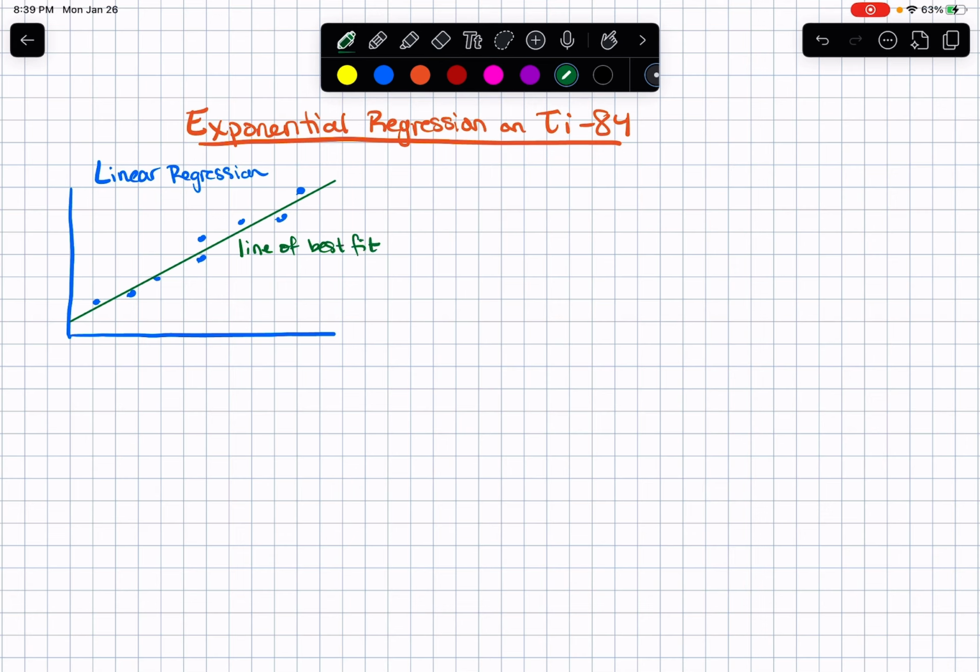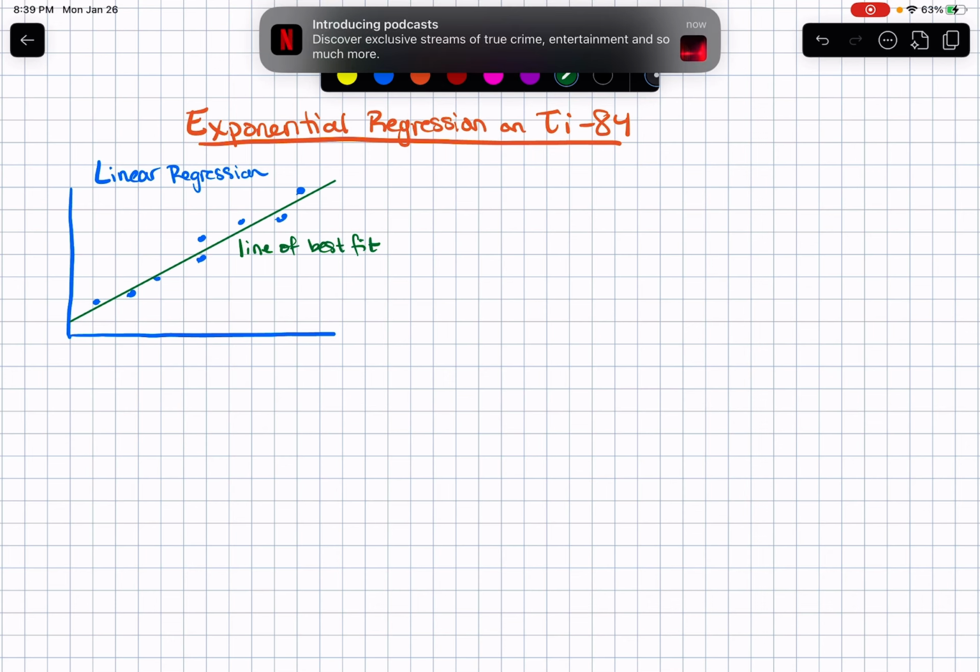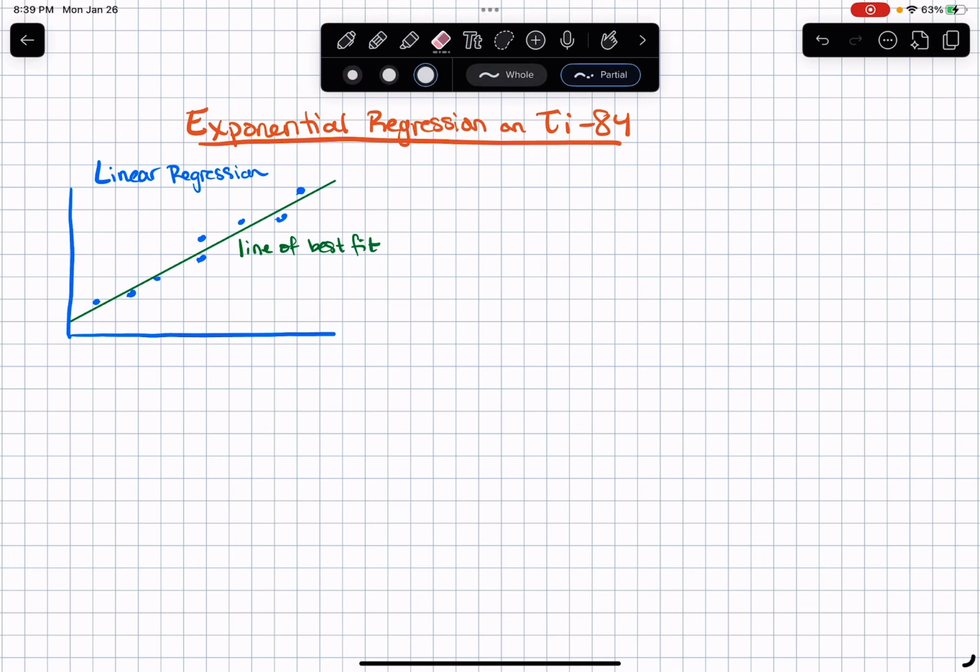If we are doing a linear regression, though, what we are doing is we are saying what line best approximates this data if our line is in the form y equals mx plus b. So a linear regression will assume that you want a straight line. It assumes you want a linear equation to fit your data.